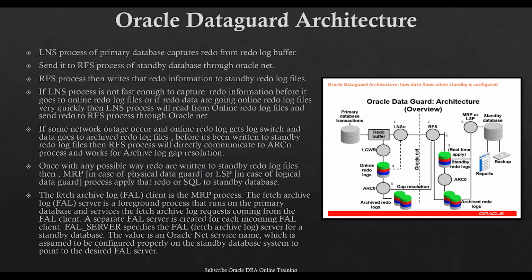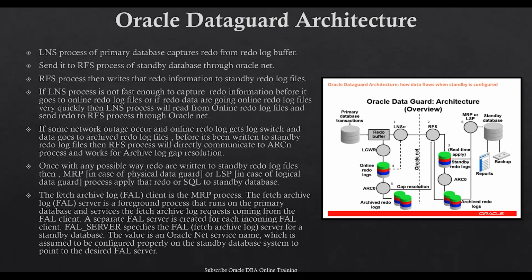As the numbers in the diagram suggest, if the LNS process is not fast enough to capture the redo information before it goes to the online redo log files, or if the redo logs are filling very quickly, then the LNS process will read from the online redo log files and send to the RFS process through Oracle Net. So in some cases, if LNS is not able to pick the data quickly, it will read the data from the online redo log files and then transfer it to the standby database.